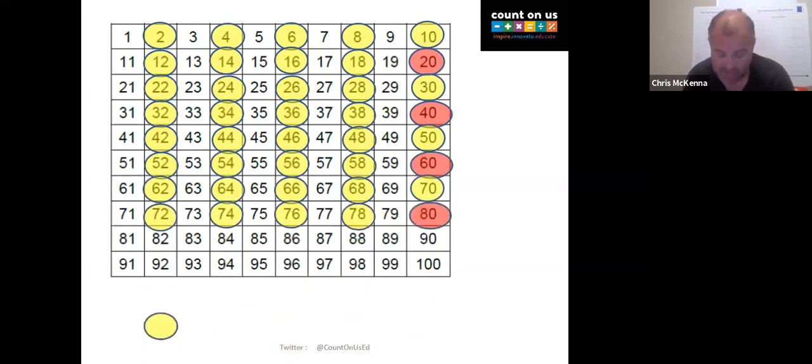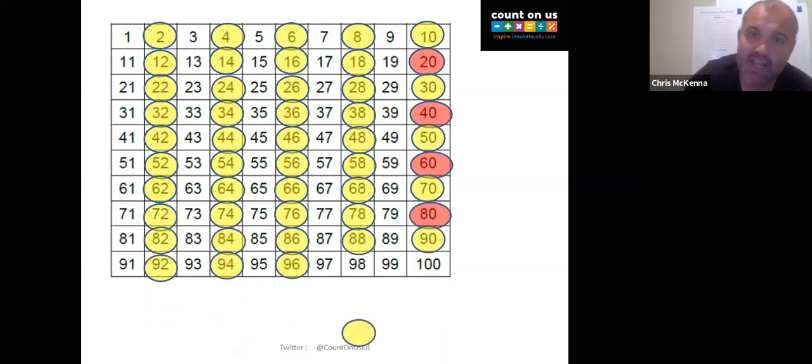The reason I have red circles is just to highlight that's 10 groups of 2, 20 groups of 2, 30 groups of 2, 40 groups of 2, and 50 groups of 2, and so on, which if you look at this, 2, 4, 6, 8, 10, again, we see the 2, 4, 6, 8, the 10 part there as well.